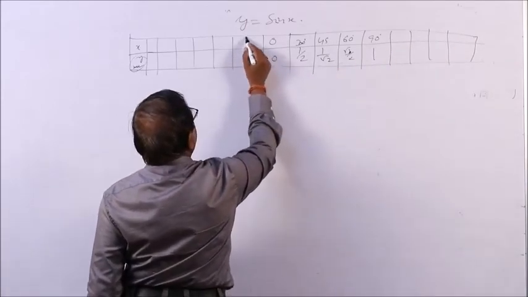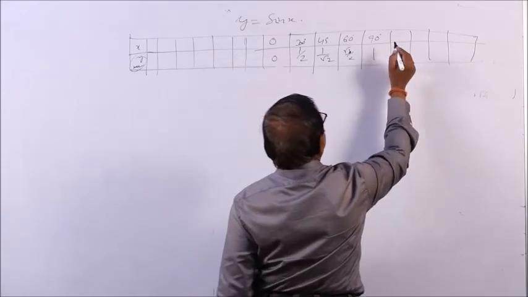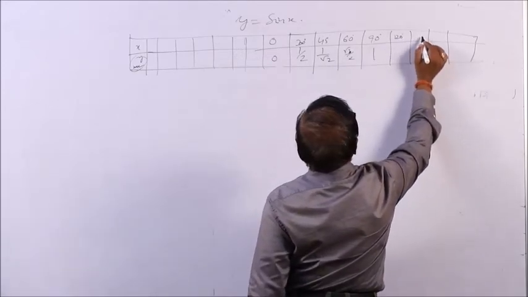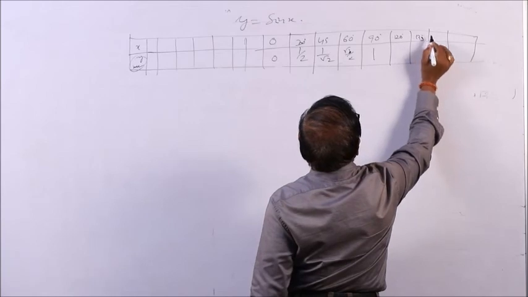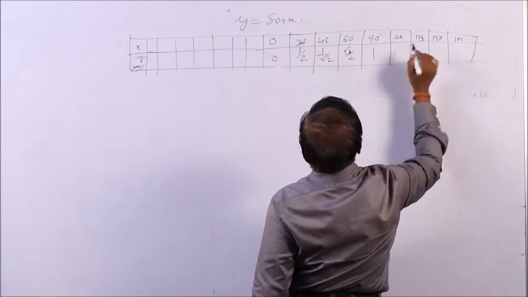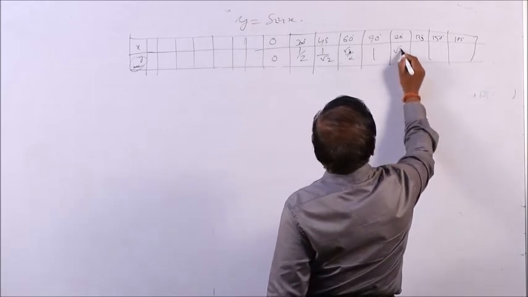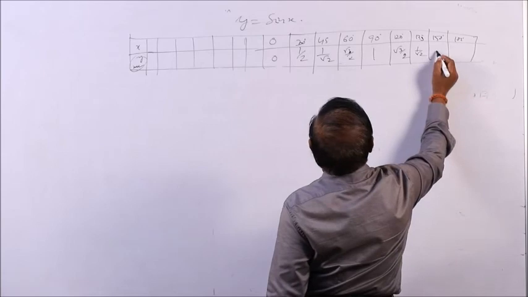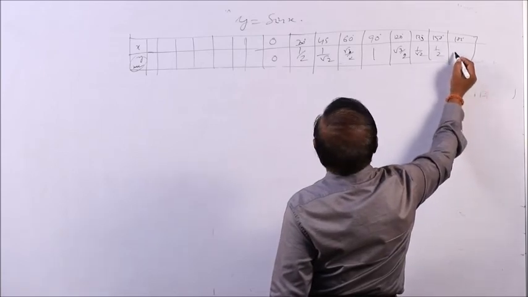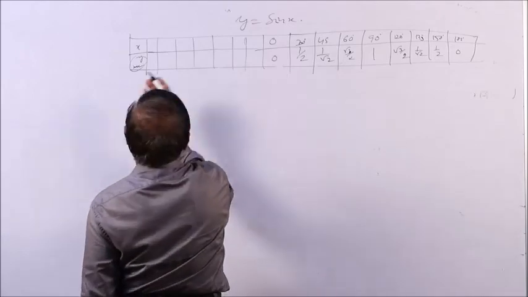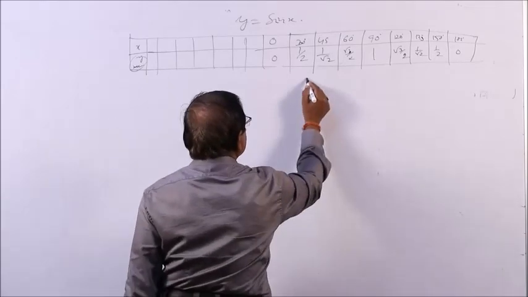Here you take 120 degrees, 135 degrees, 150 degrees and 180 degrees. Values will remain the same. This is root 3 by 2, this is 1 by root 2, this is half, this is 0. And in this part also you can take the negative part. I am drawing this, you see.